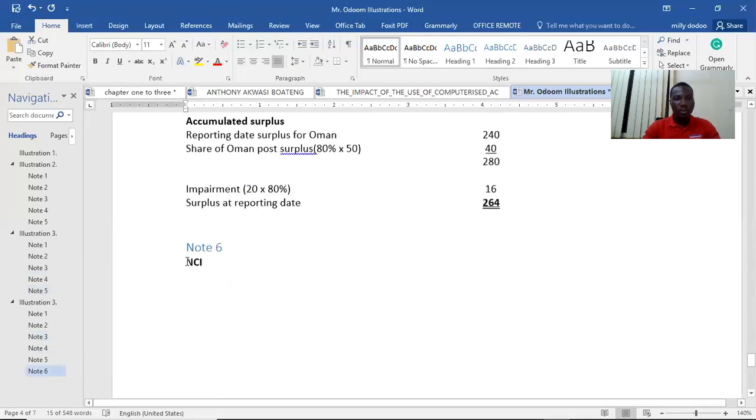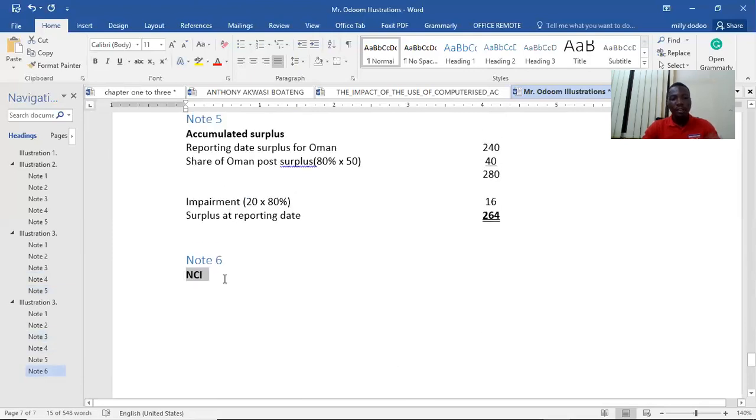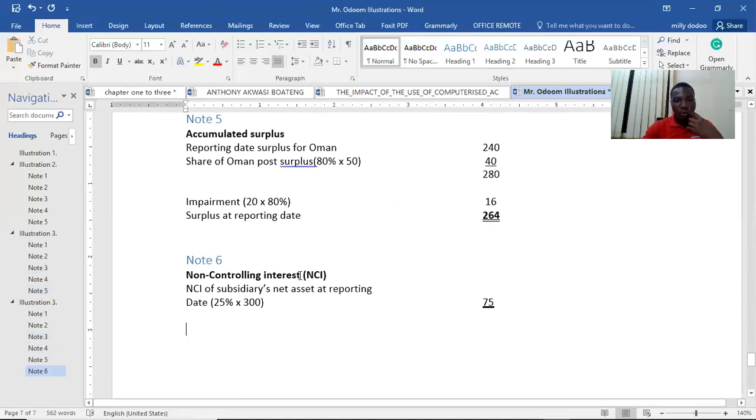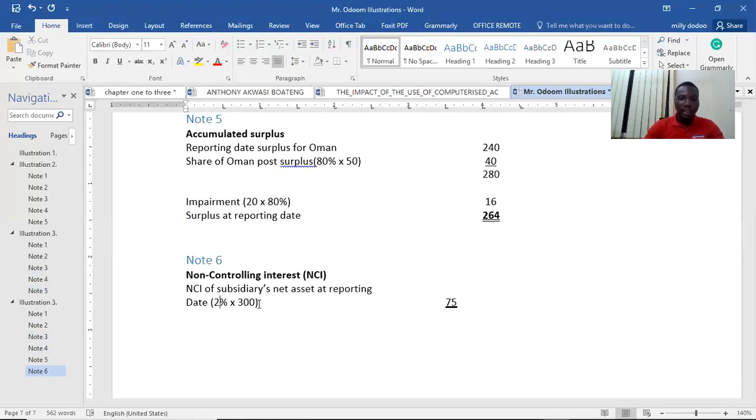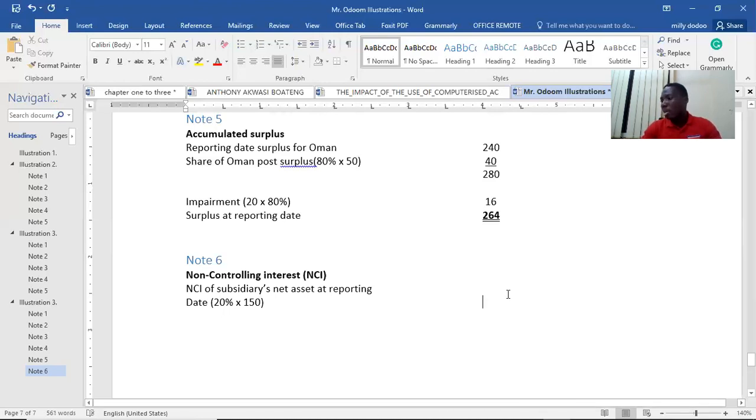NCI, which is known as a non-controlling interest. So now NCI is having 20%, and NCI of reporting date net assets, 20% of 150 is 30.